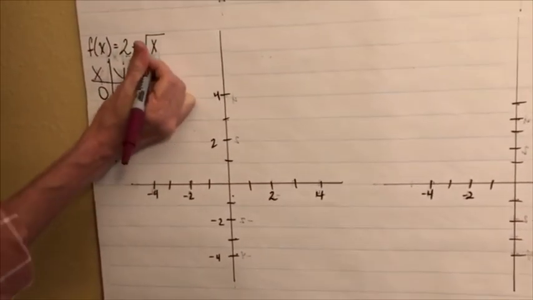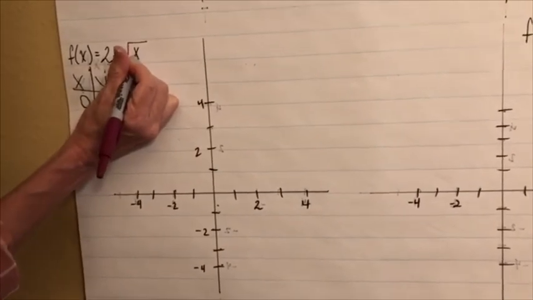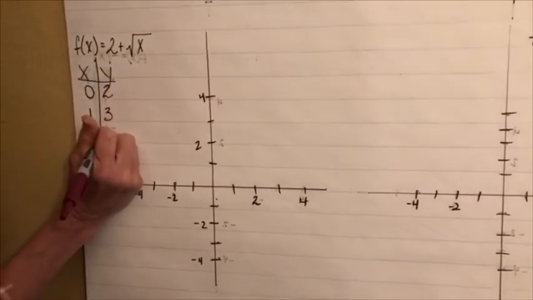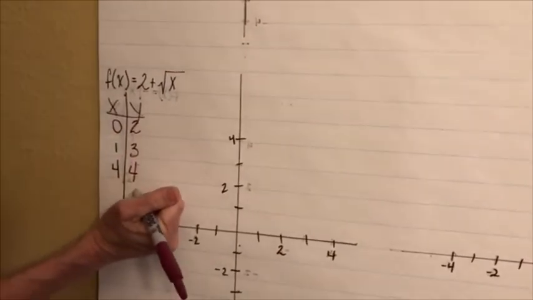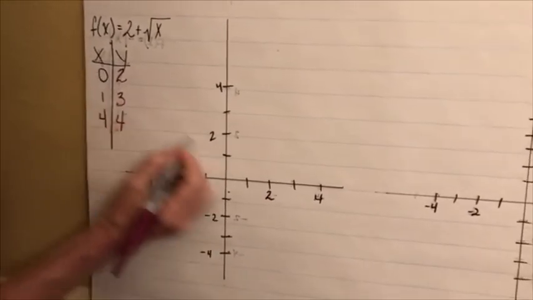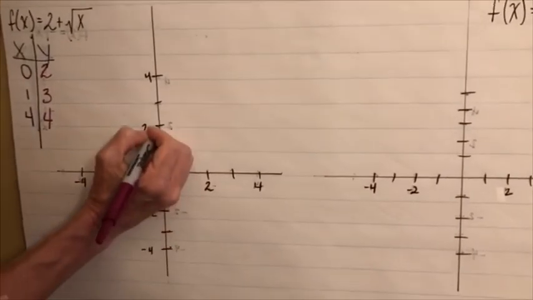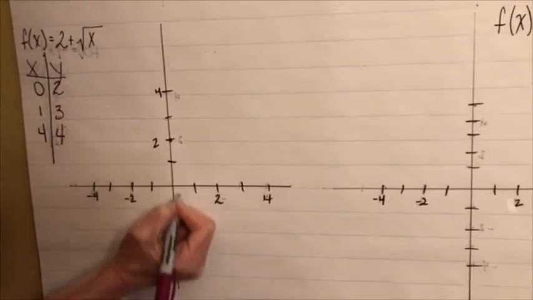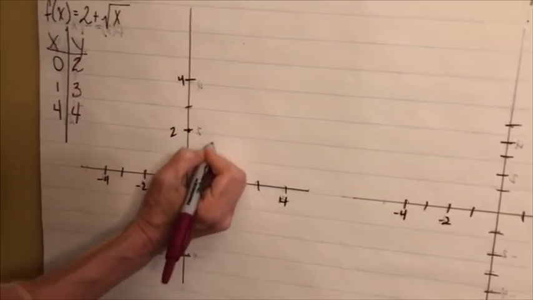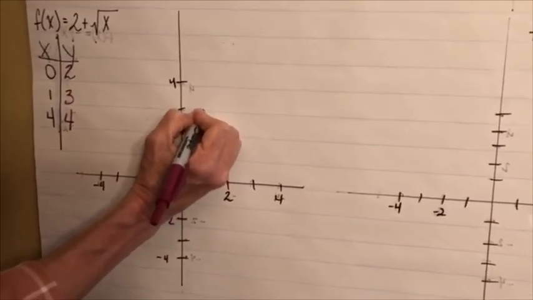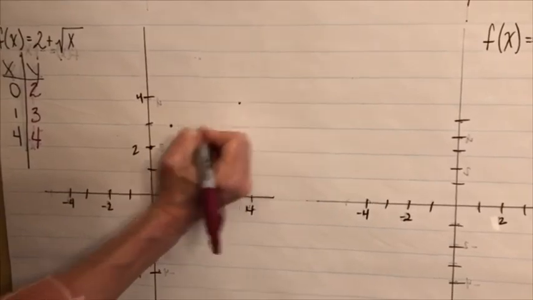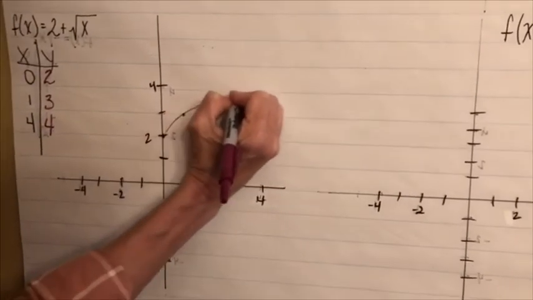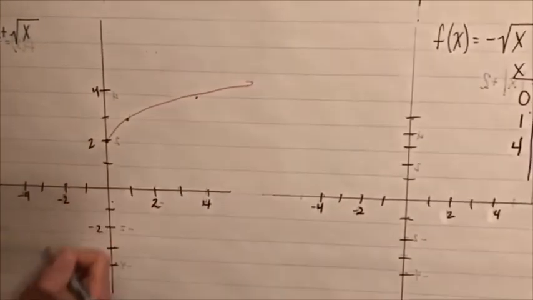When x is 4, the square root of 4 is 2. 2 plus 2 is 4. All right, so when x is 0, y is 2. When x is 1, y is 3. When x is 4, y is 4. And we'll get that slow curve.